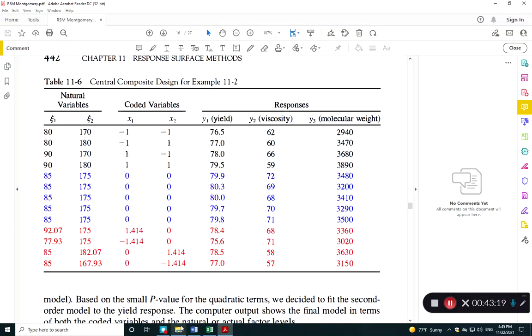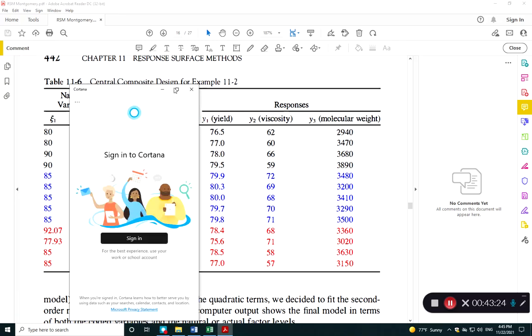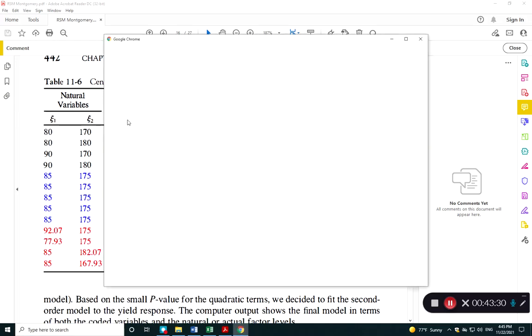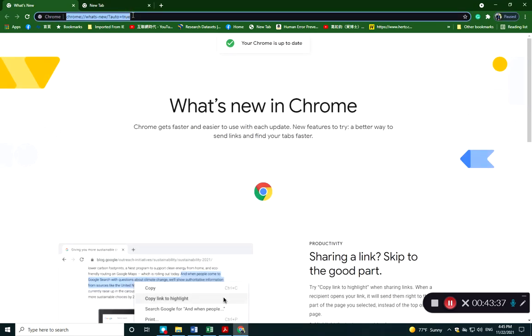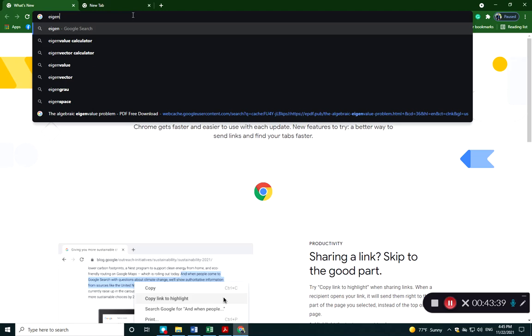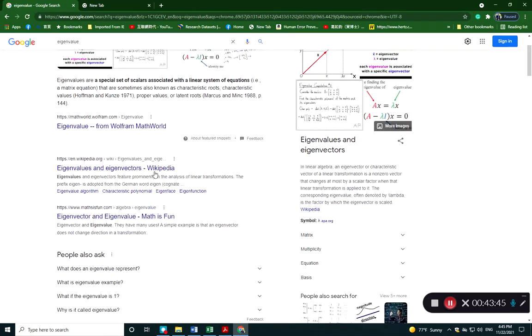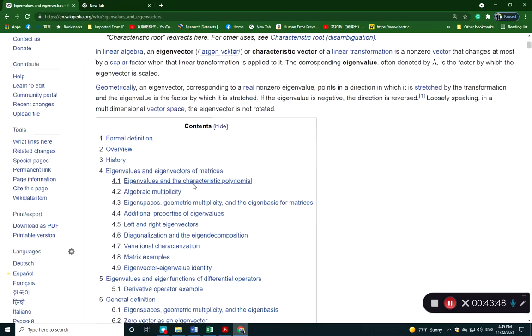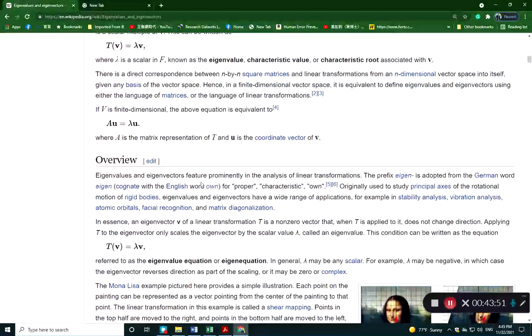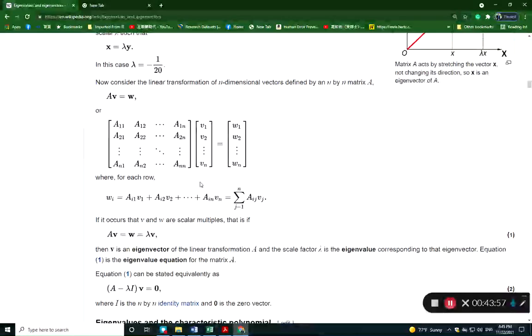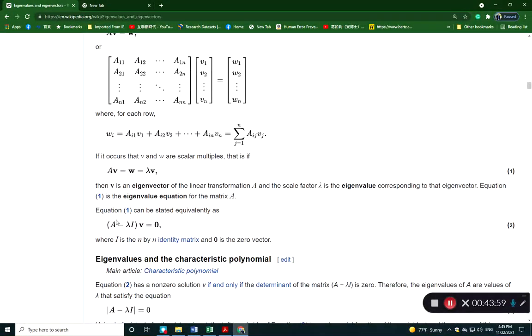To calculate the eigenvalue, we always use the matrix.